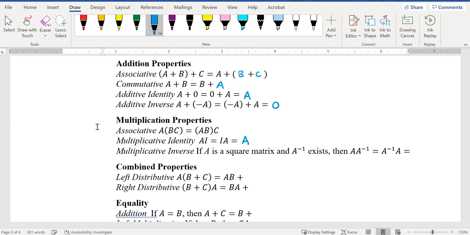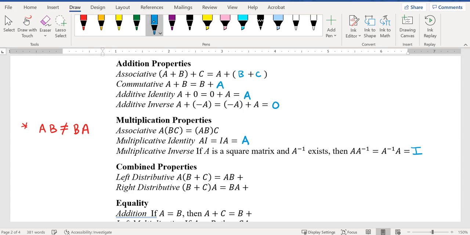If A is a square matrix and A inverse exists, then A times A inverse is equal to A inverse times A, which is equal to the identity matrix. Notice that multiplication is not commutative. You might want to make yourself a note. AB does not always equal BA. The commutative property does not hold for multiplication.